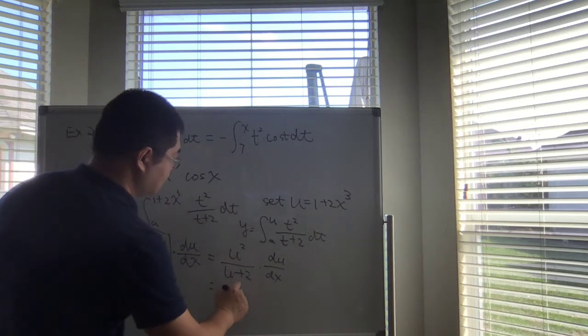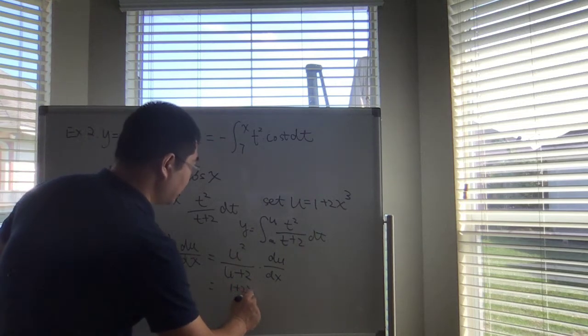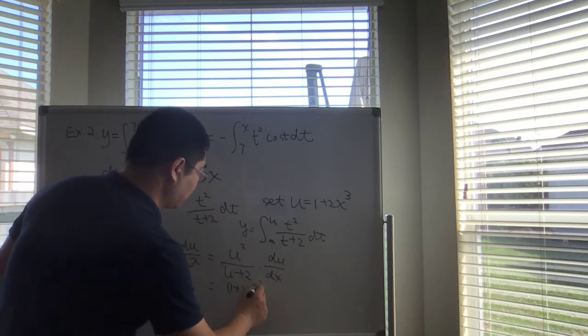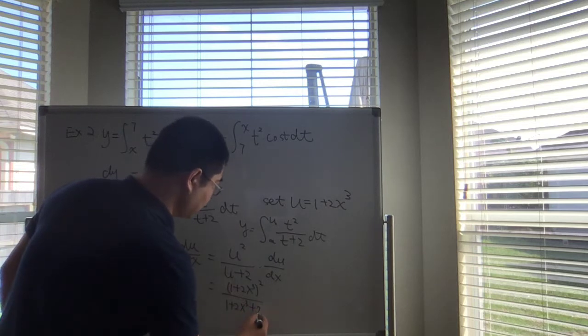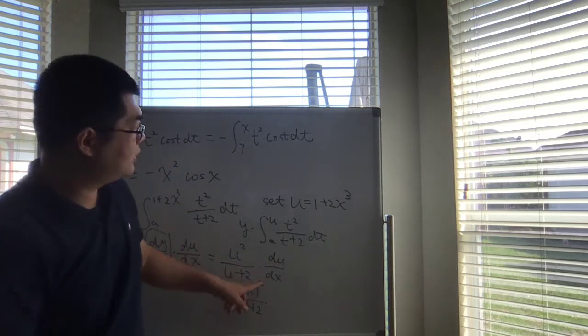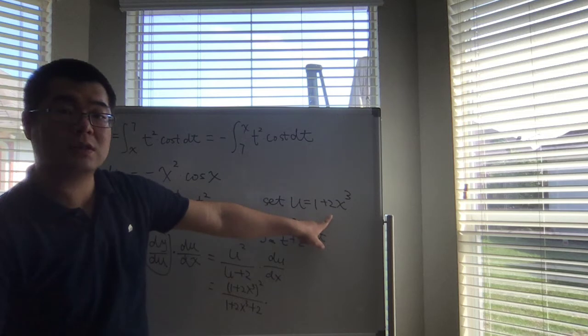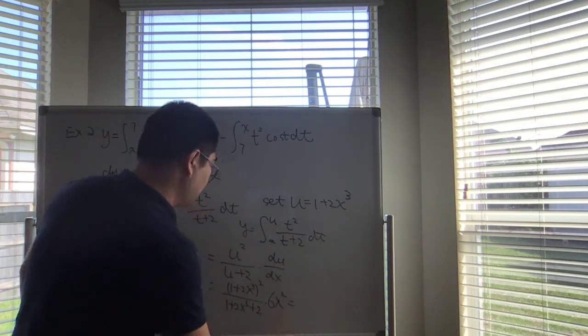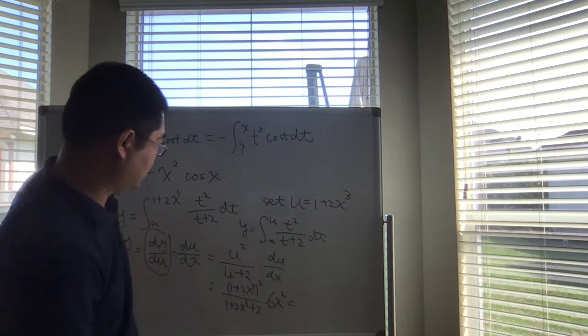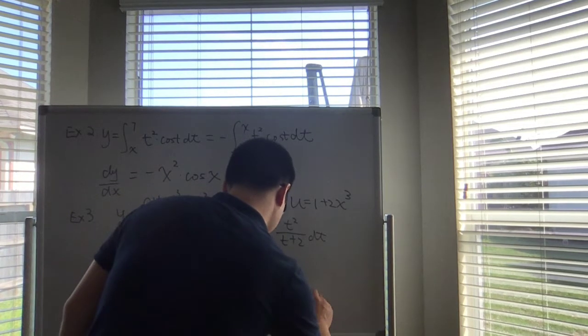We're going to have (1 plus 2x cubed) squared over (1 plus 2x cubed plus 2), times du/dx, which is 6x squared. Okay, and we can simplify this a little bit more.